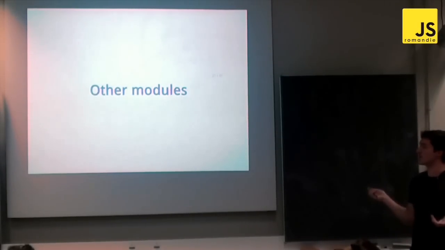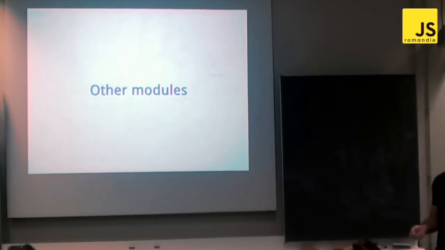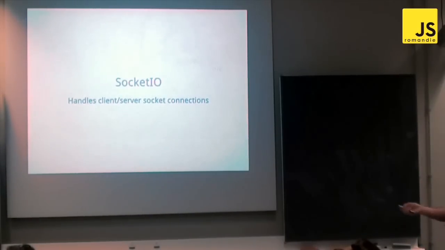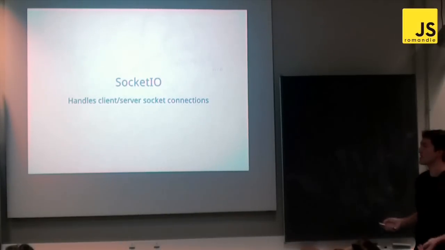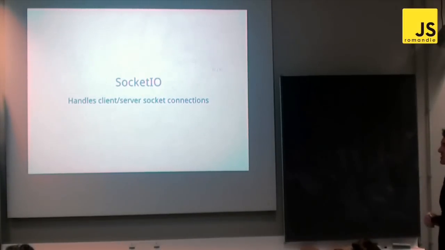Now a few words about some other, more low-level modules that are used here. Socket.io, I think, is very popular. Have you used Socket.io? Yeah. It provides socket connections between client and server. This application might not be the best example for Socket.io, because Socket.io is very much about real time, stuff that we need to constantly update.